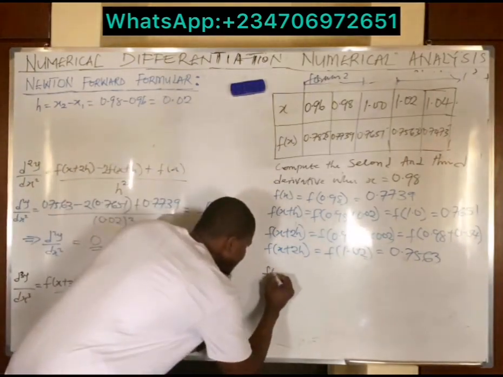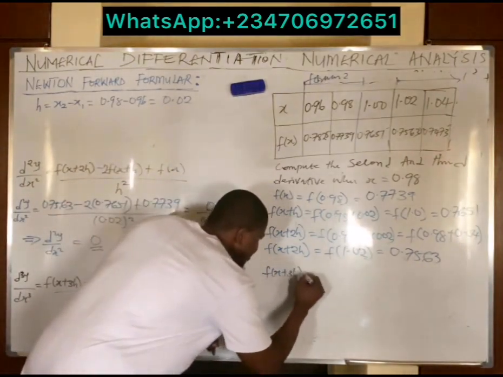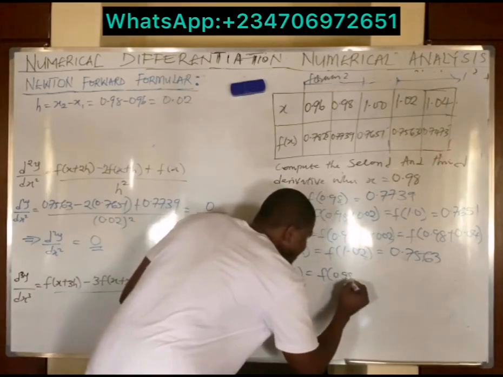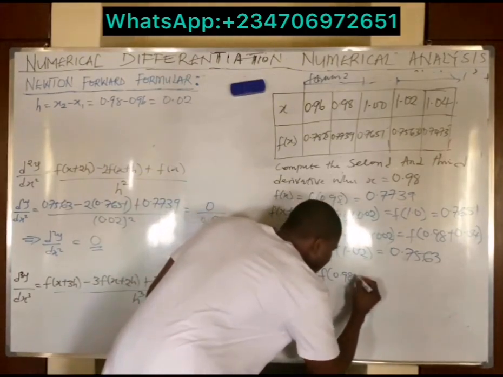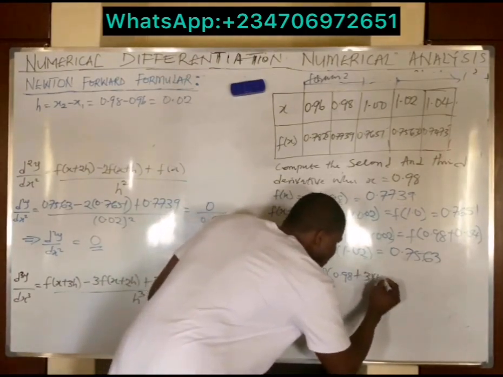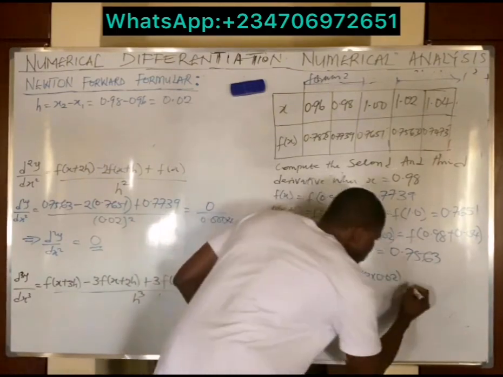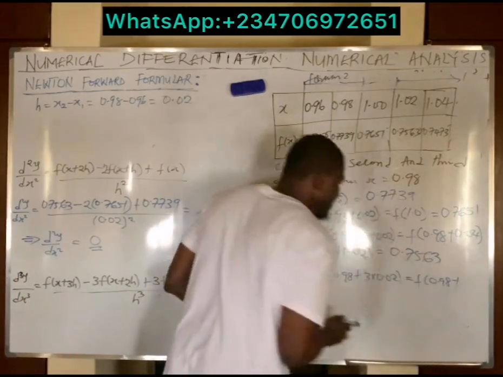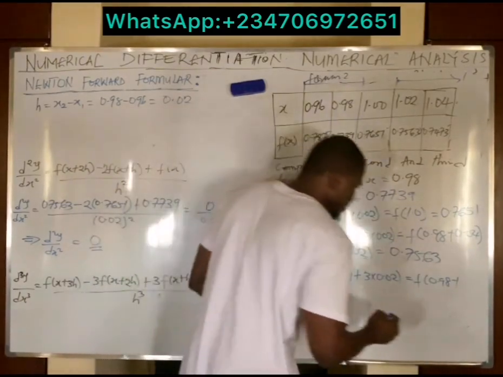So f of x plus 3h is going to be equal to f of 0.98 plus 3 times 0.02, which is 0.06.